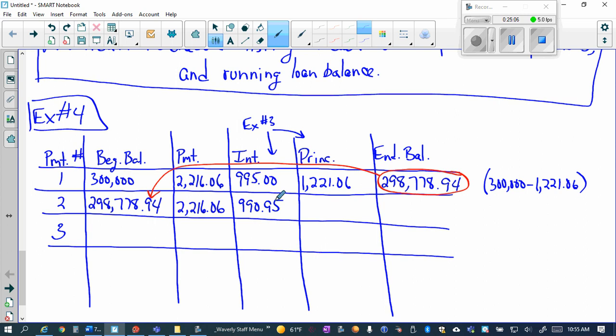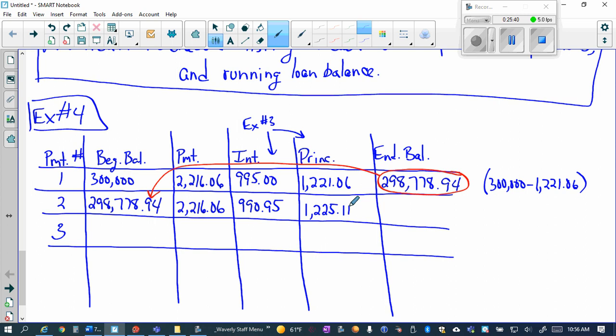Okay? That doesn't reduce our balance at all. So we need to figure out what part of that 2216.06 payment is principal. So we take 2216.06, subtract that 990.95, and our new principal portion is 1225.11. So you notice it's a little bit more than it was last month. Right? Because if the payment stays the same and that interest portion got less, then the principal portion has to go up to keep the payment the same.